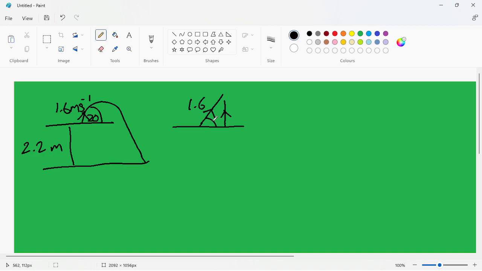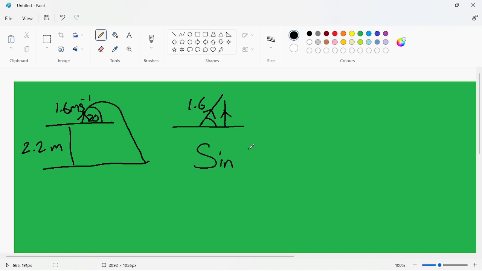We can see that the angle directly faces the vertical component, which means that this vertical component is opposite this particular angle. This 1.6 over here represents the hypotenuse. So we end up with something where we have the opposite and the hypotenuse. We're trying to find the opposite. So when you have opposite over hypotenuse, you know that it's equal to sine of the angle.